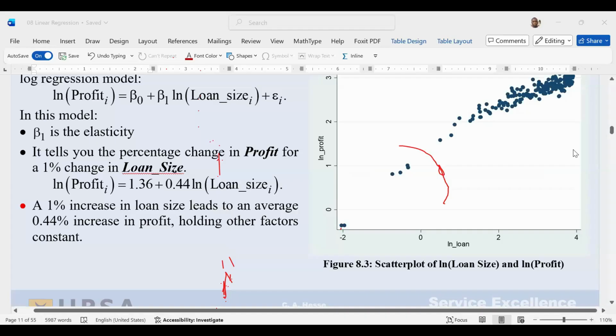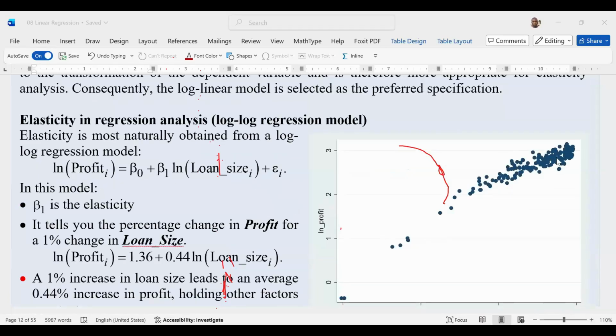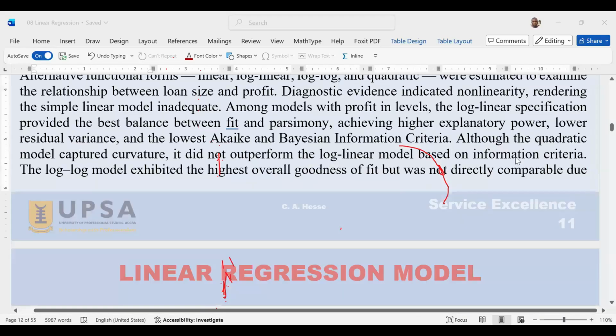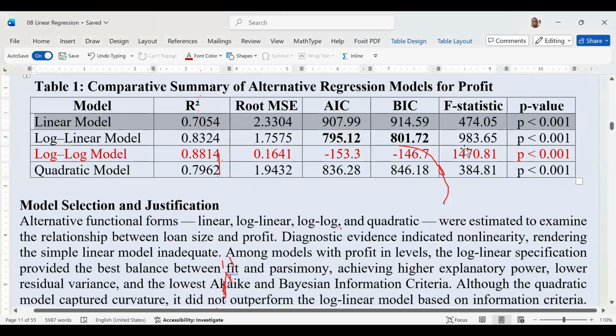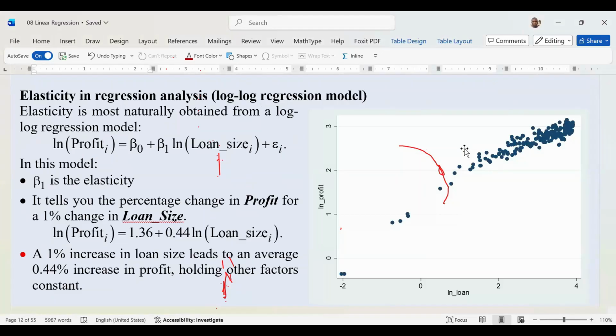Yes, it looks linear. Can you see that when we plotted the log it is now linear? So it will also give us the best model. It means we have now transformed the nonlinear data into linear, so now we can use linear regression to work with it.